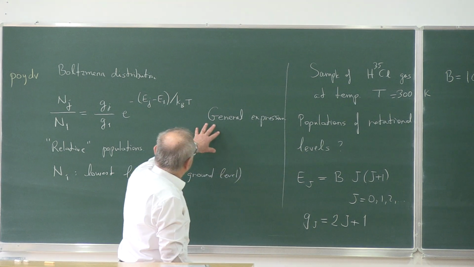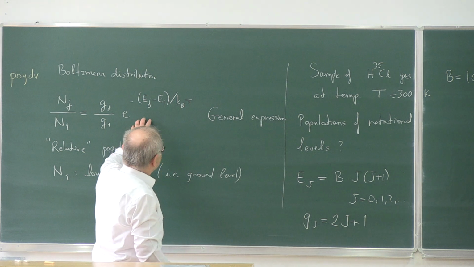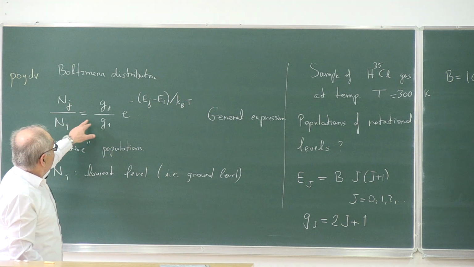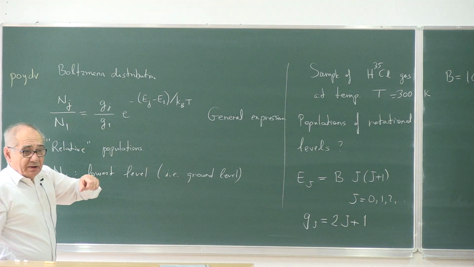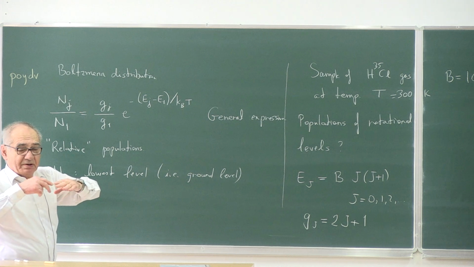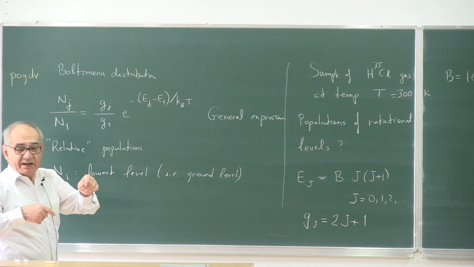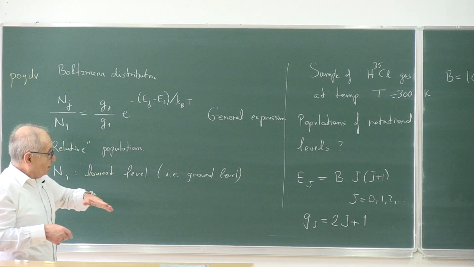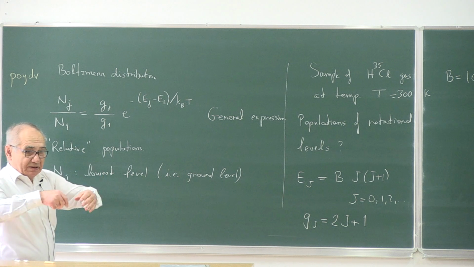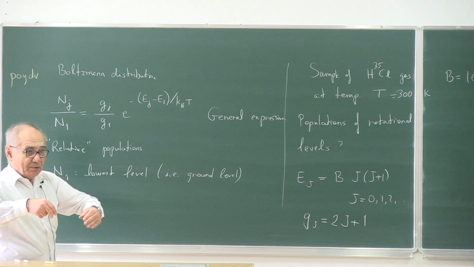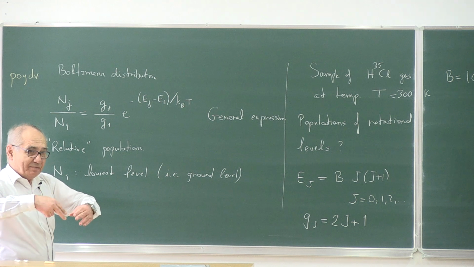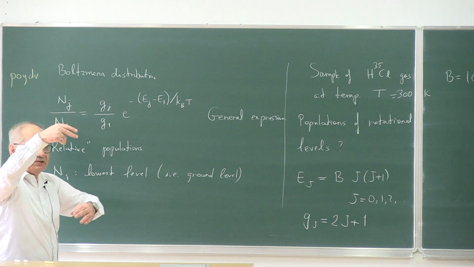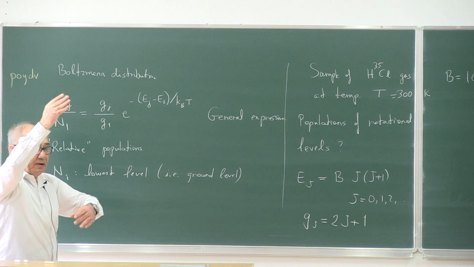Now, as I said, this expression is a general expression. In this notation, we have numbered the energy levels with an integer index starting with 1. So the ground state is called number 1, and then the next energy level is 2, the third one is 3, and so on.